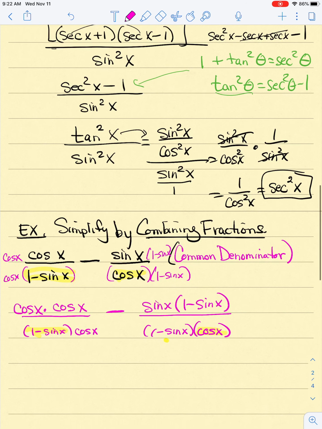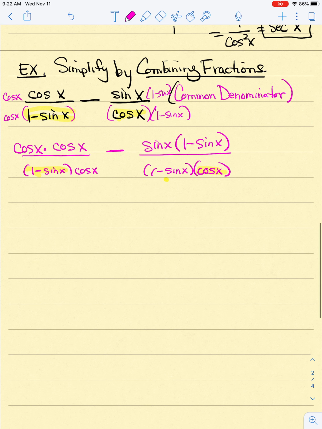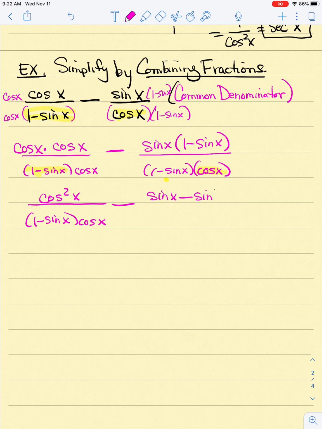Okay, I'm going to scroll up here a little bit. All right, so what do we have now? Well, cosine times cosine is cosine squared x, and it's all over this denominator. Minus. On the right, I'm going to go ahead and distribute. So I'm going to have sine x minus sine squared x all over the same denominator.